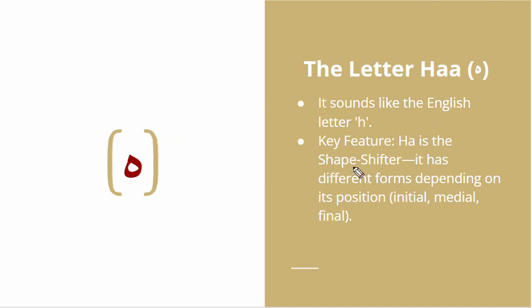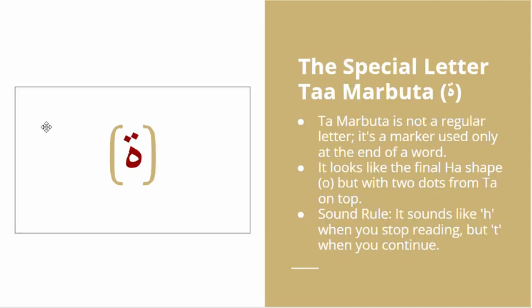That's why it's written here that it's a shapeshifter, because this is one form, and the other one is very, very different, which looks like this. And in the middle also it looks completely different. We will go over this when we get there, but for now we will move to ta marbuta.